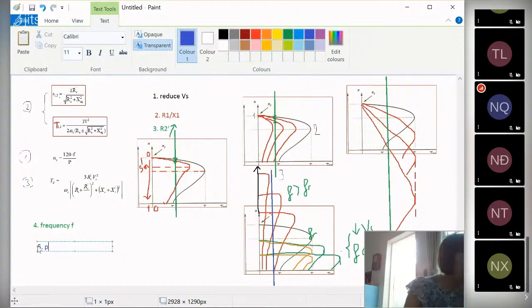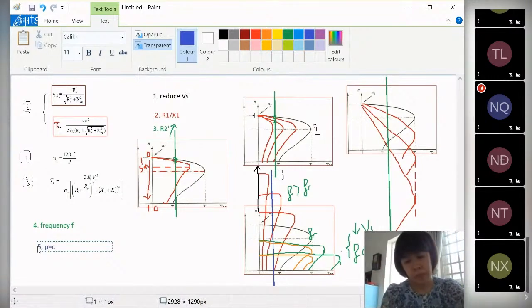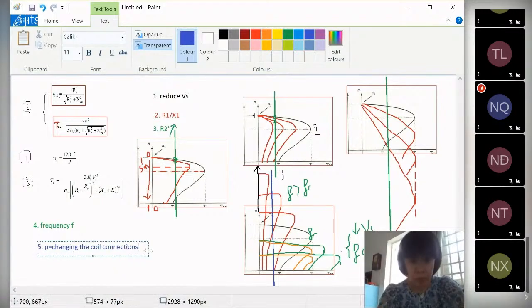You can change the number of poles by changing the coil connection. Yes or no? Yes. So this is not an efficient method. This is an inefficient method.